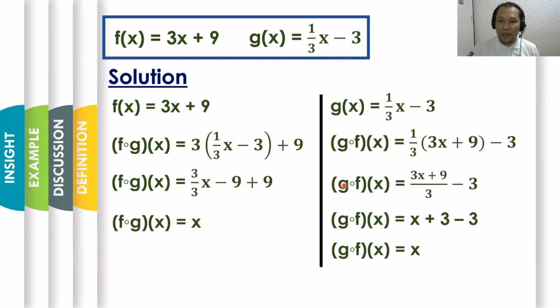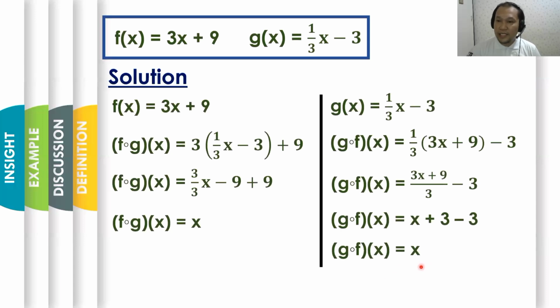Now, observing the result, if we get the composite f composite of g, the result is x. And if we perform g composite of f, then the result is also x.